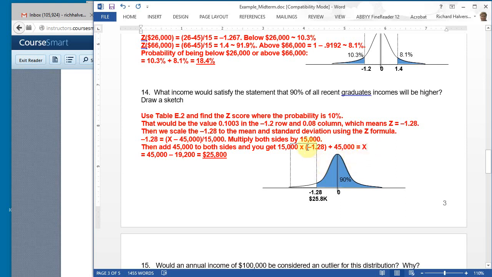So now we just have to solve this equation for x. Multiply 15,000 by minus 1.28, which is a negative number, and then you add 45,000 to that, and you end up with 25,800. So that is the salary at which 90% of the graduates' incomes are higher.